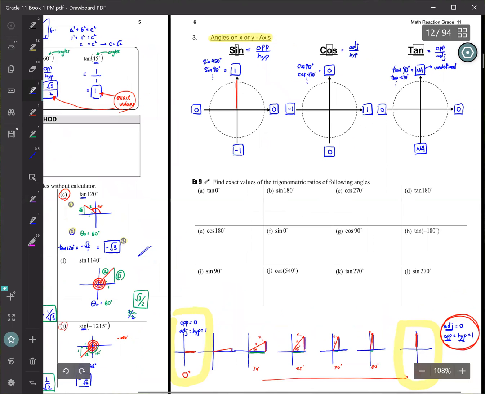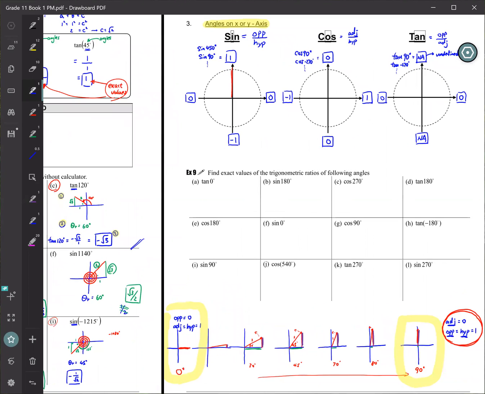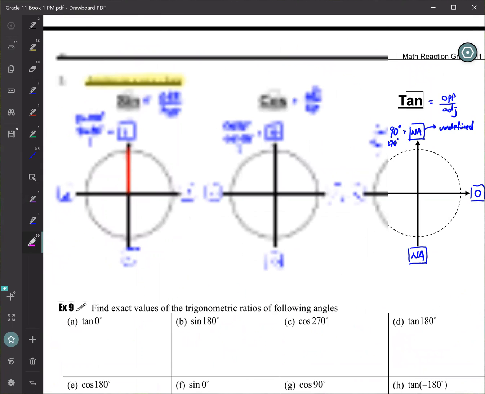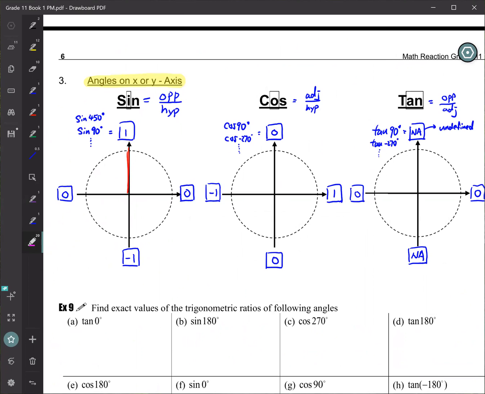All right, so now you understand where the chart and numbers come from. How do you remember it and how do you use it? So first thing, you use the letter. The sine is spelled as S-I-N, so you have I in the middle. The letter I looks like the number 1.